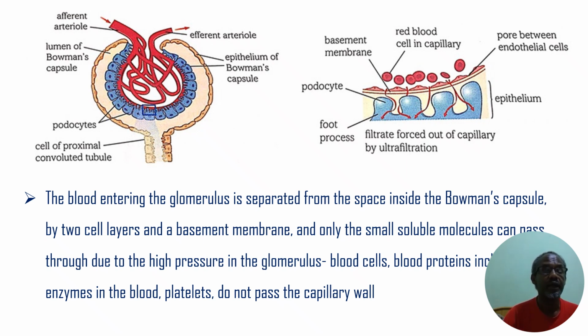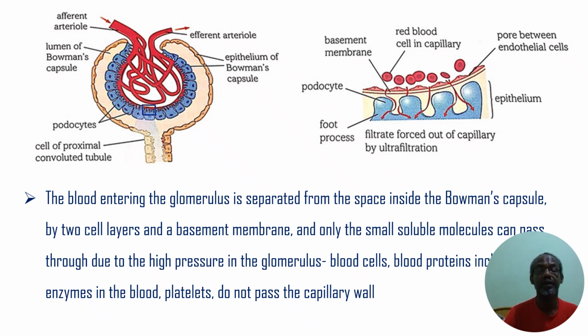The blood entering the glomerulus is separated from the space inside the Bowman's capsule by two cell layers and a basement membrane. These two cell layers and basement membrane are the sieves to filter the blood, and only the small soluble molecules can come through due to the high pressure in the glomerulus.